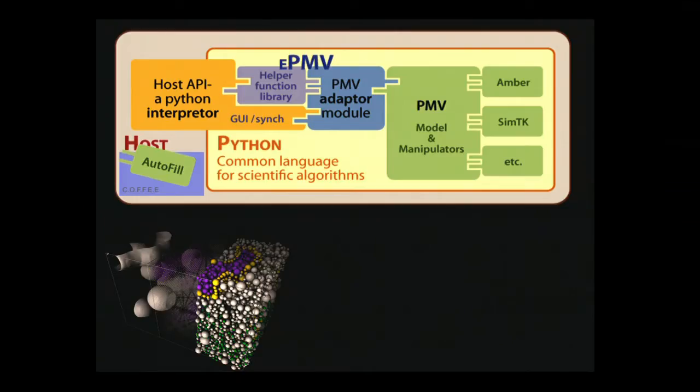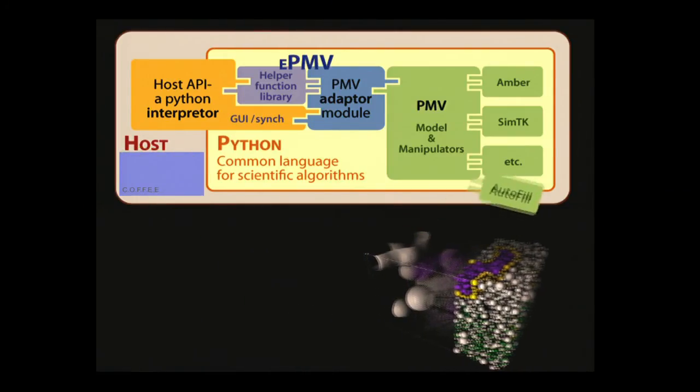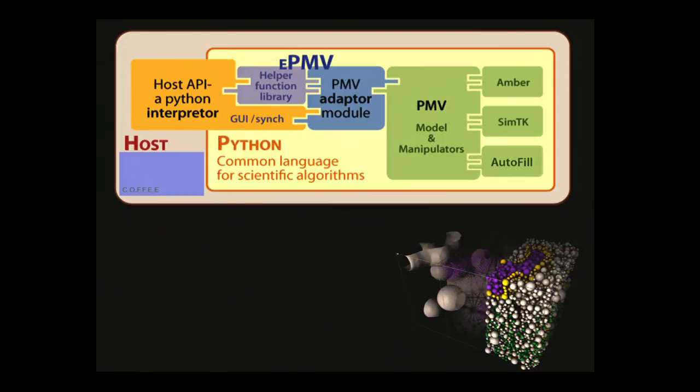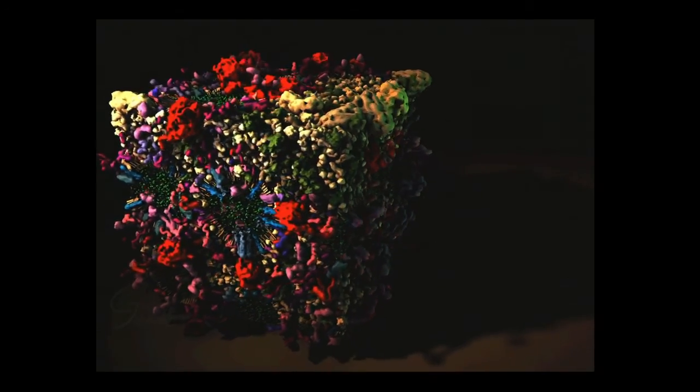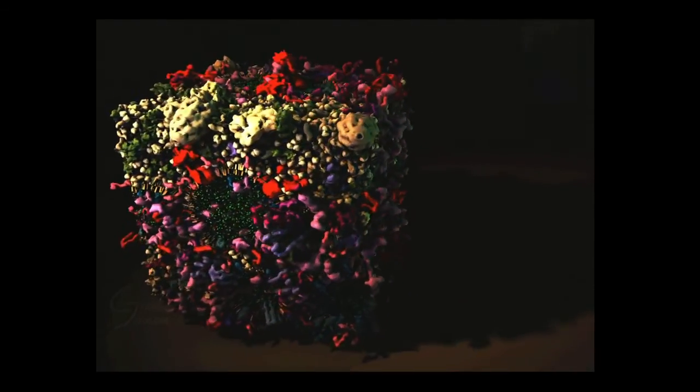And again, this autofill program, which Graham originally implemented in Cinema 4D, is now a plug-in to PMV, so it understands all of the molecular world. And in fact, this model was generated in the embedded PMV environment within Cinema 4D.